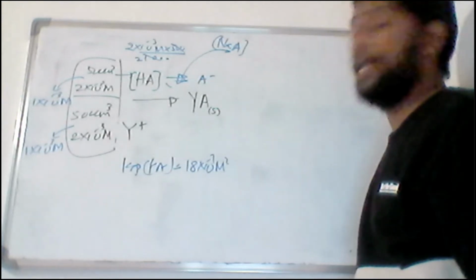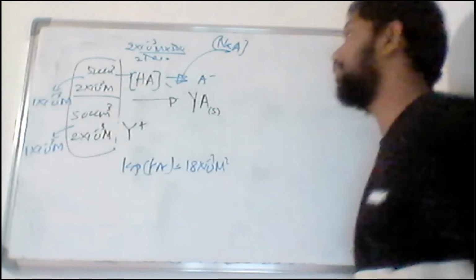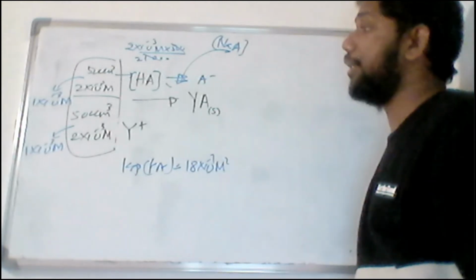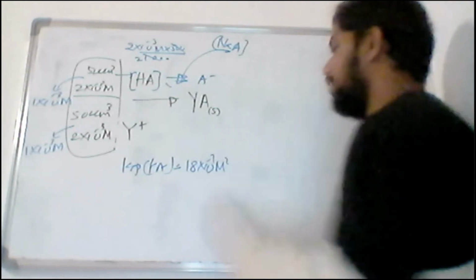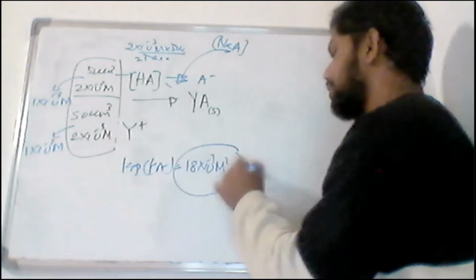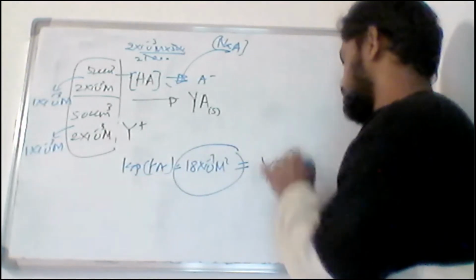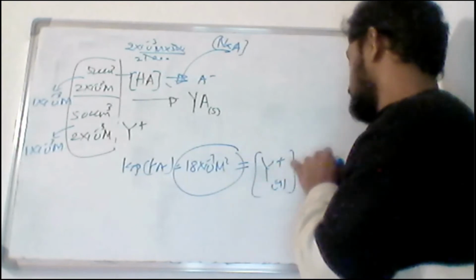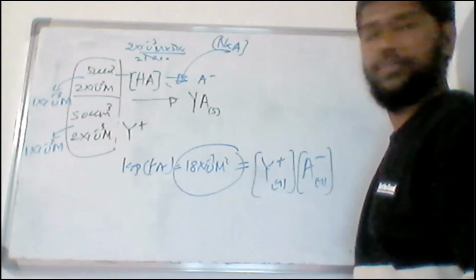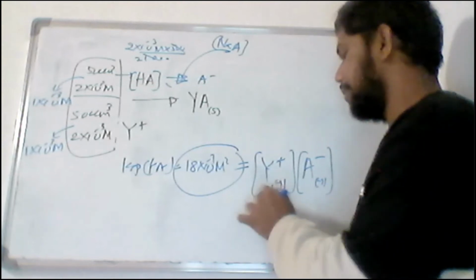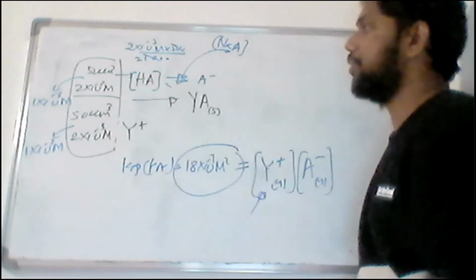What should be the A minus concentration that should be present in this solution when there is this precipitation happening? You have the KSP value. So this is equal to Y plus aqueous concentration times A minus aqueous concentration. So what is the concentration of Y plus here?